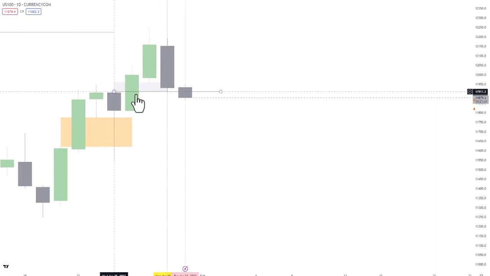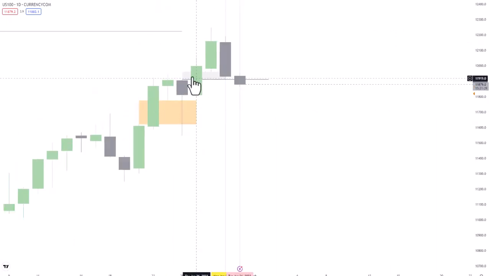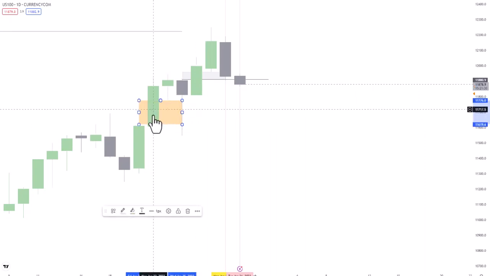But price refilled that FVG and tapped into the daily order block. You can see that it tapped into the daily order block. I don't know how far it will fill into this daily order block, but you can see the previous FVG here that was filled.